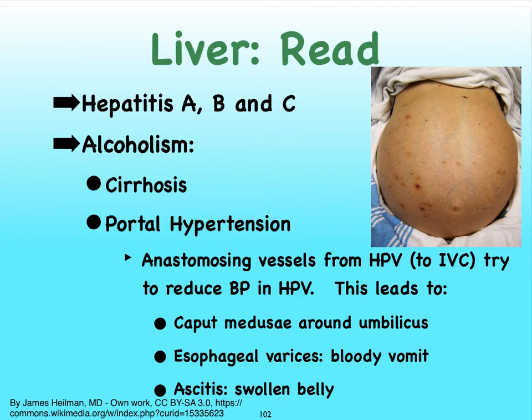And by having these additional vessels growing, there's an attempt to reduce the pressure. We might see hemorrhoidal veins in the esophagus, and then ascites is a term that all of you should become familiar with, refers to that swollen belly that we so often see in chronic alcoholics.